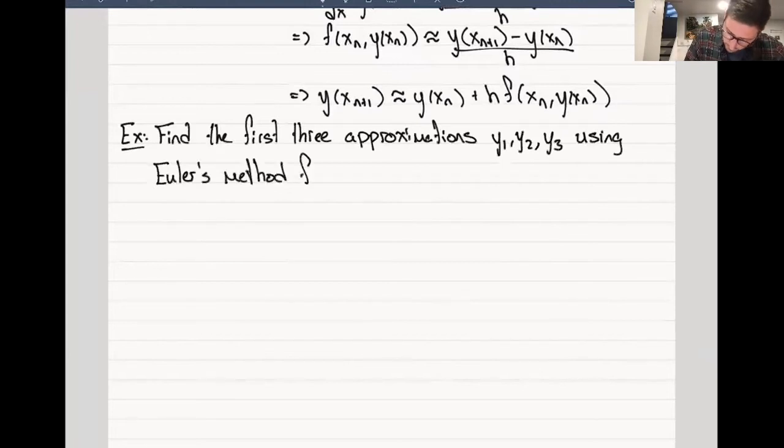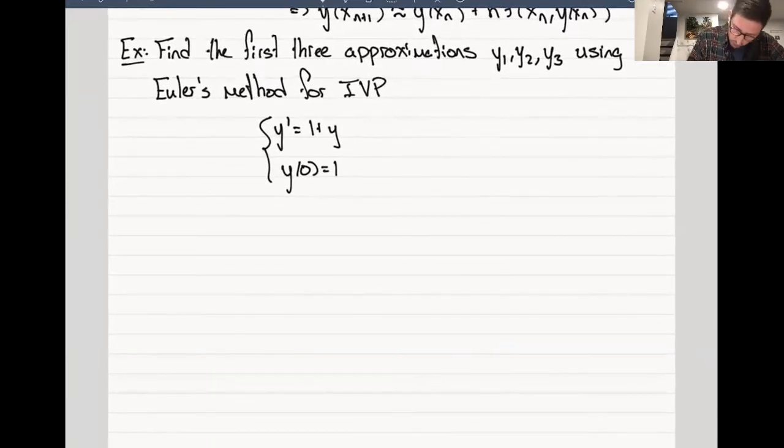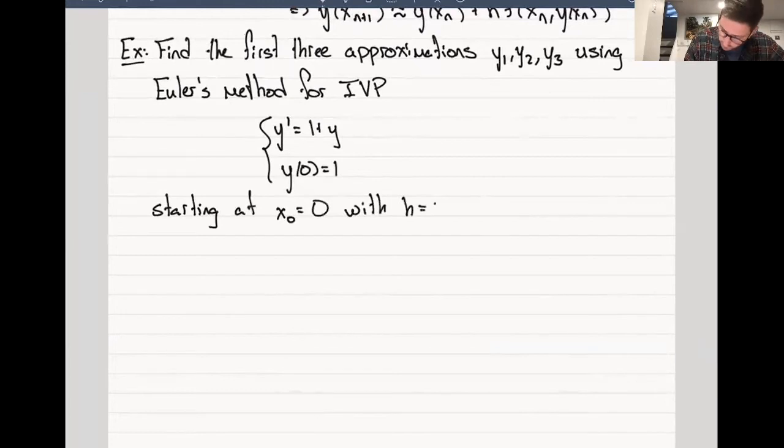For the initial value problem, so IVP, remember that's initial value problem, we are given y prime is equal to 1 plus y, with the initial condition y of 0 is equal to 1. And we're going to start at x0 equal to 0 with h equal to 0.1.